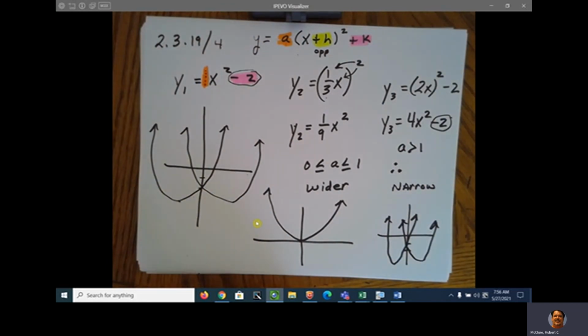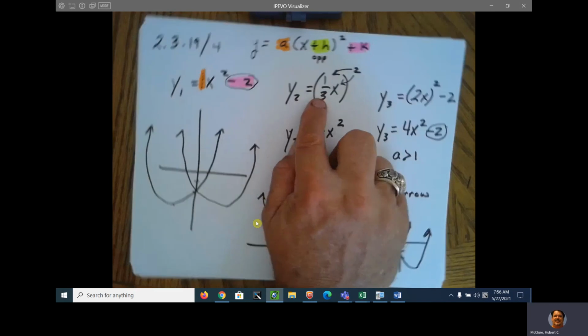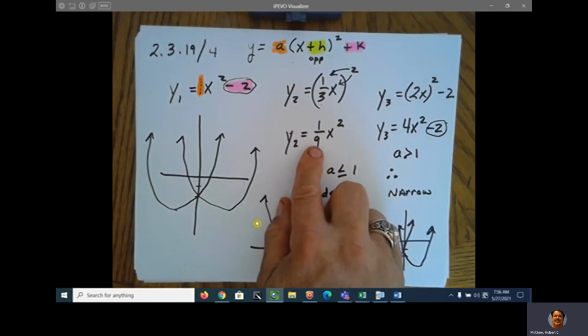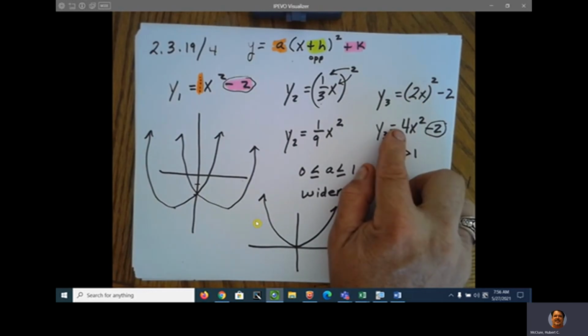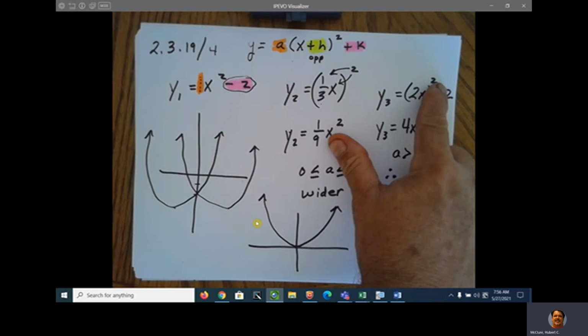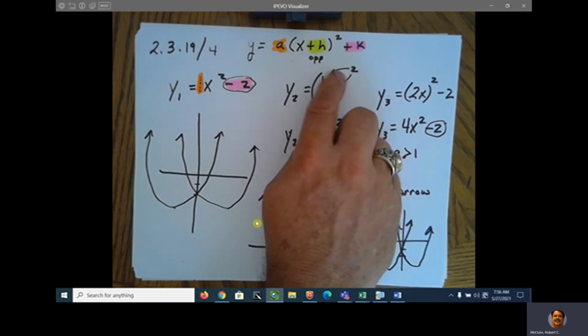So is this a good test question? No, I would never put this question on a test, because one, they're saying that the answer is 1/3, and that's not true. The answer is 1/9. They're saying here that the a is 2, and that's incorrect. The a is 4, because you have to square both. Just like here, you have to square both.